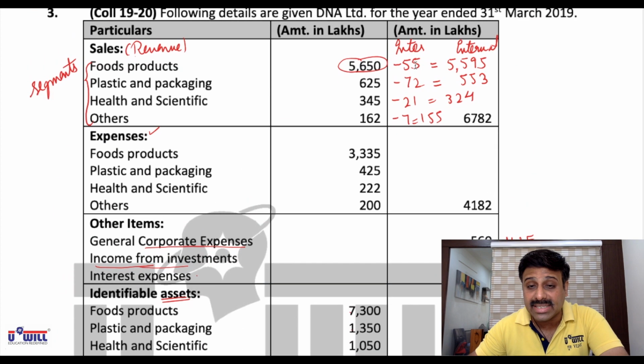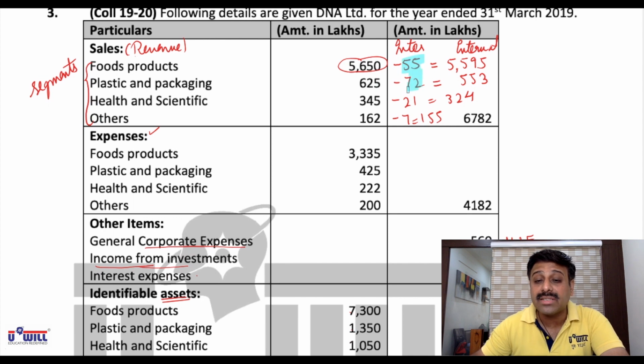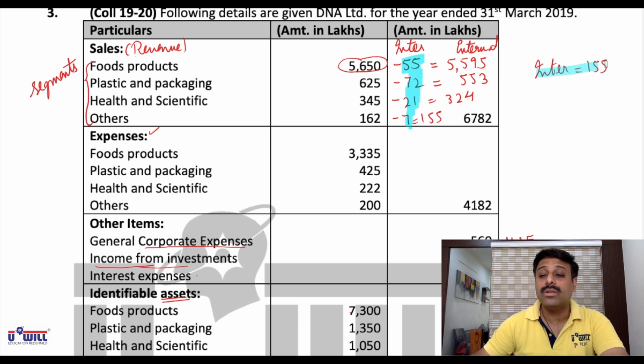First you see what is inter-segment revenue. These are the inter-segment revenues: 55, 72, 21, 7. Do the total. 55 plus 72 plus 21 plus 7. Inter-segment revenue is total 155. This is the total of the blue amounts. Okay, 155.